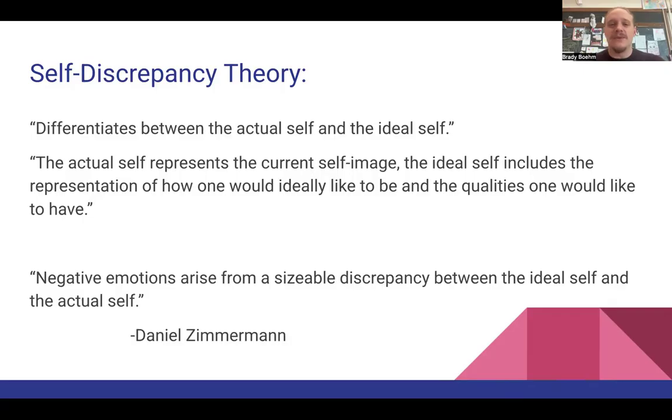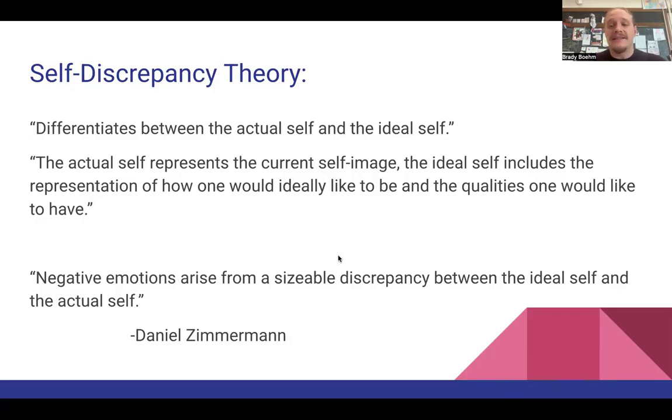The actual self represents the current self-image, and the ideal self includes the representations of how one would ideally like to be and the qualities one would like to have. Daniel Zimmerman continues, saying that negative emotions arise from a sizable discrepancy between the ideal self and the actual self. So another idea here is when the gap between these becomes too large, negative emotions can arise.